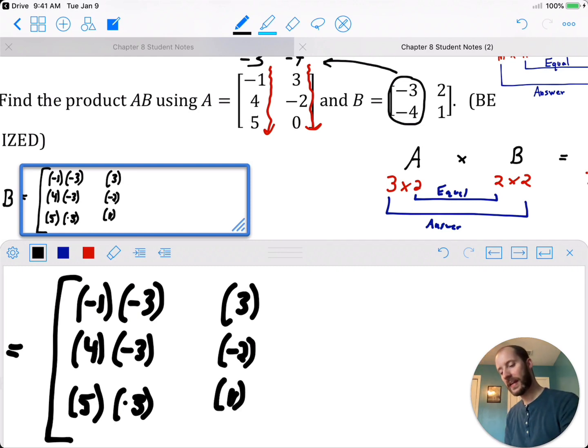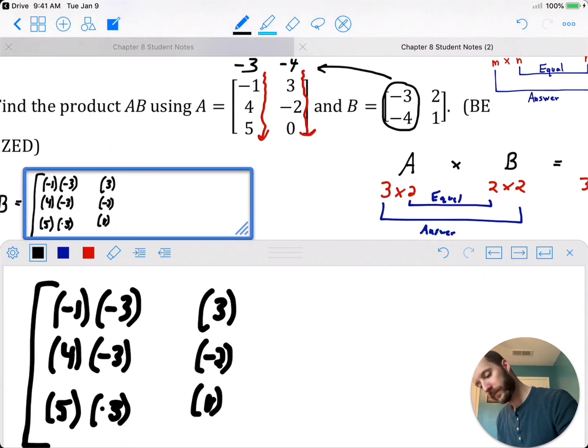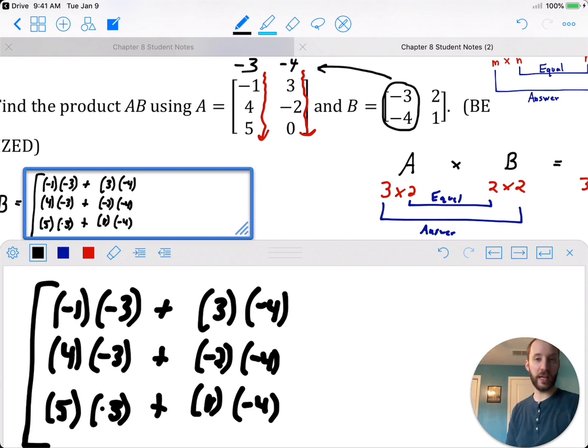And then that -4 up on top is going to filter down. So -4 is going to filter down, multiply by every term. And then these two columns are going to add together. Okay?